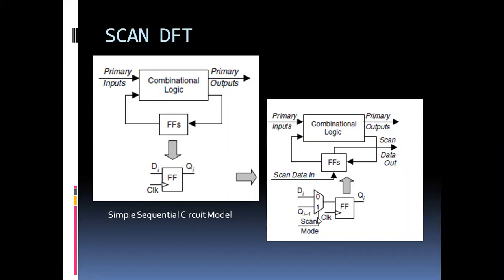This is my select line, which selects whether it is going to work in the normal mode or the scan mode. So this is what your scan DFT is doing.